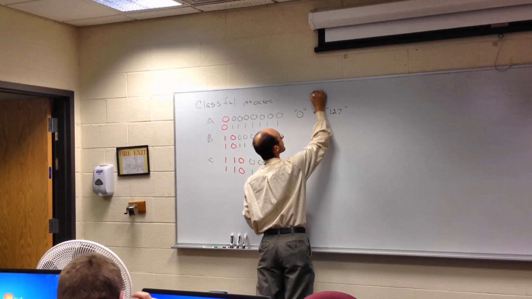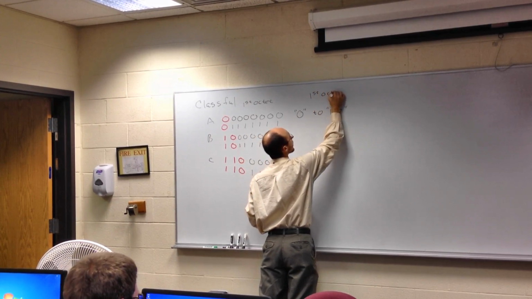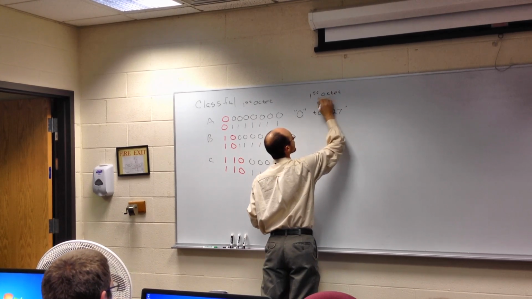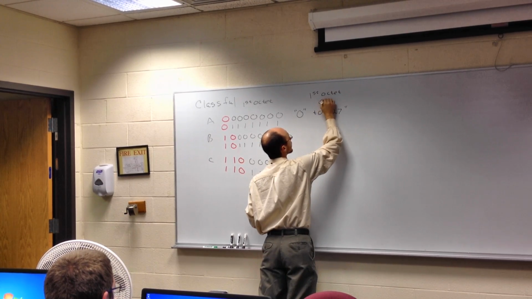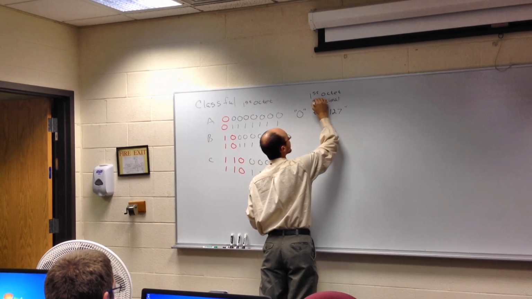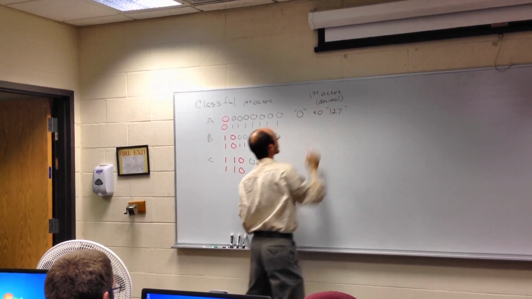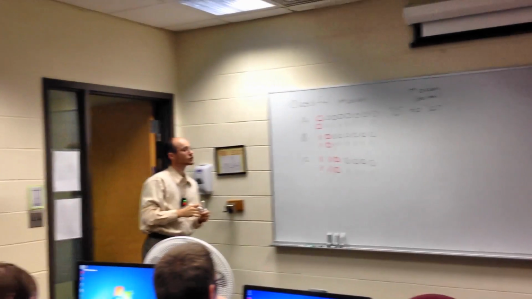So the first octet in decimal for class A is going to go from 0 to 127.